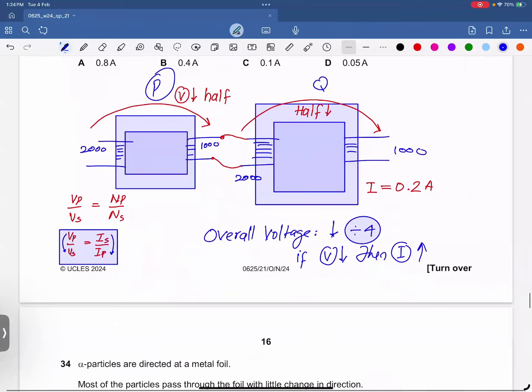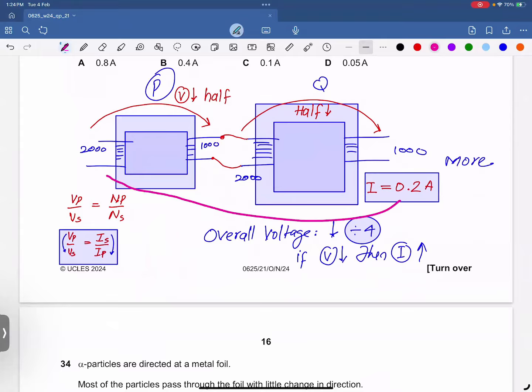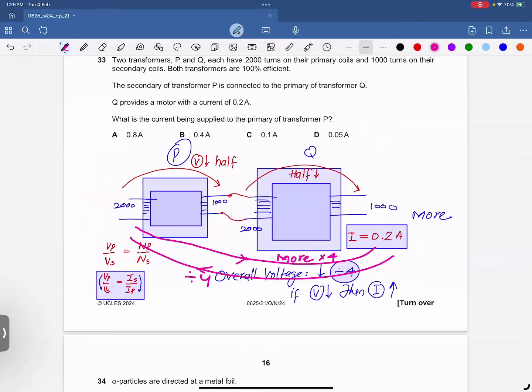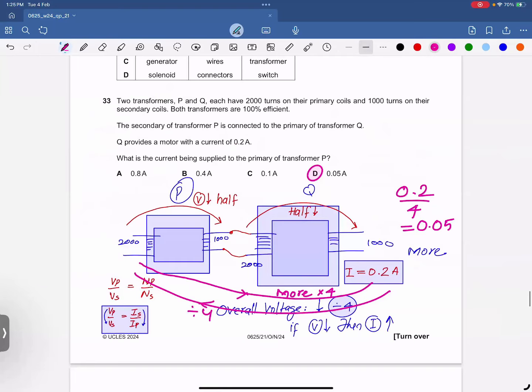So this side has more current, and the input current here was less. If this goes times 4, it means the input was divided by 4. So you will do 0.2 divided by 4, which is 0.05. I want you all to watch this question again carefully.